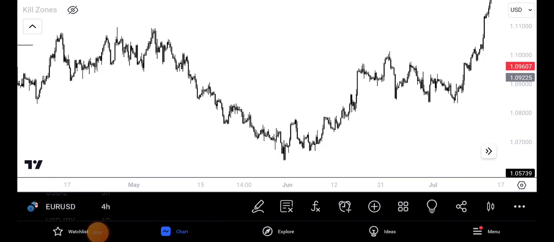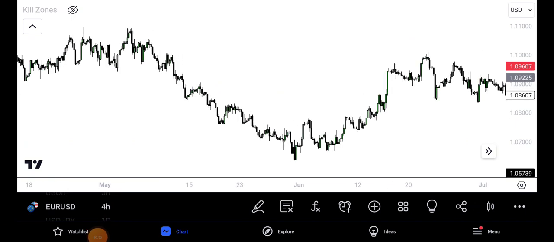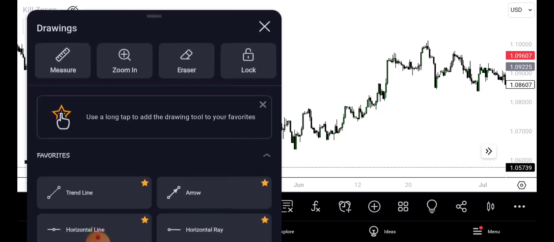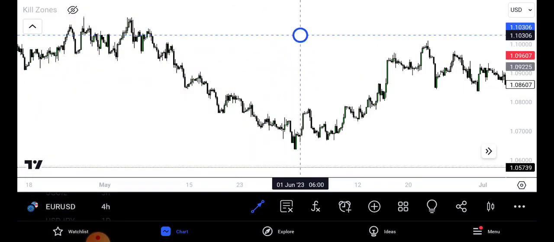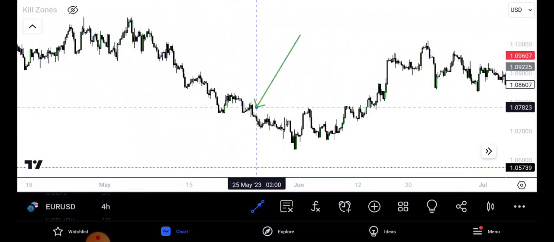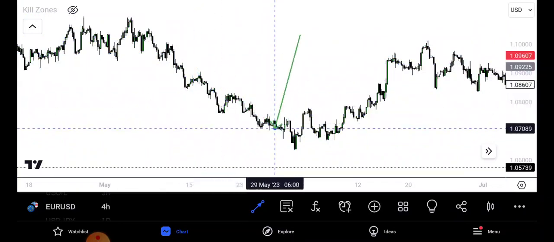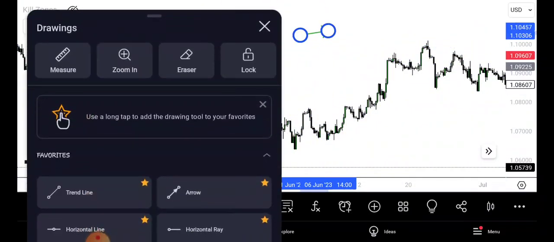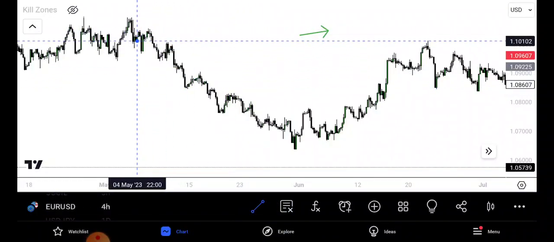All right, so this is also how an equal high liquidity looks like, right? You can see that on this point here, the market has been moving downward, and whenever the market moves downward, it creates liquidity.